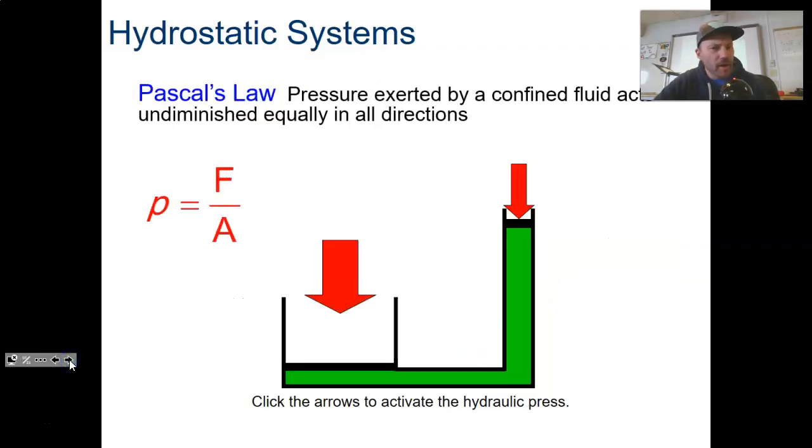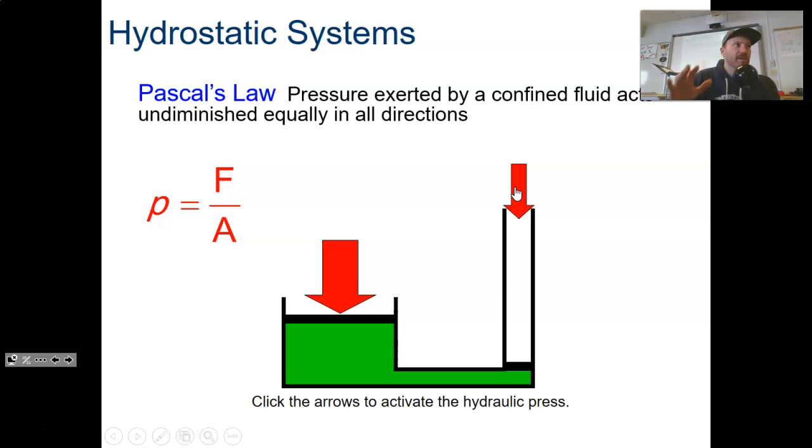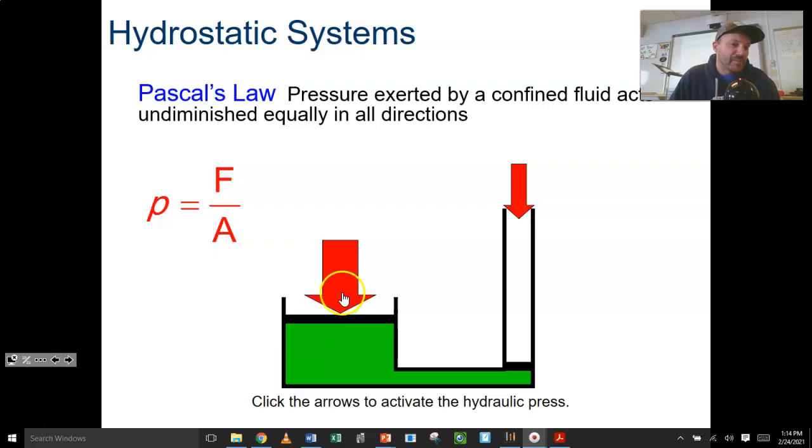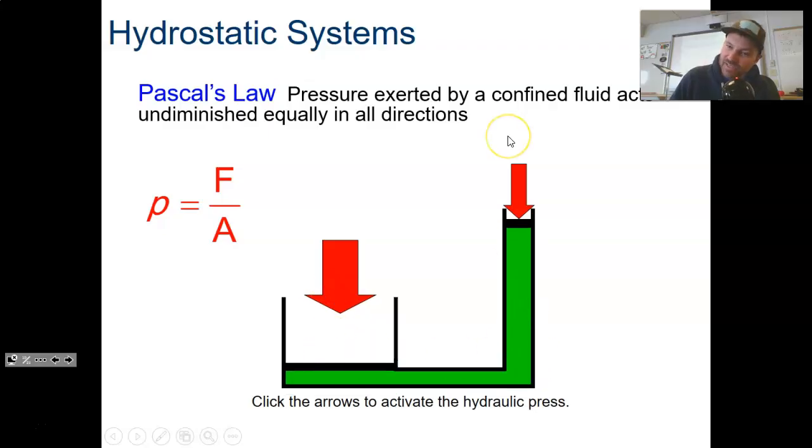Pascal. Pressure. Pressure is equal to force divided by area. So you can push down on the big one, push down on the small one. This is kind of like mechanical advantage in the fact that you have a large volume here, so this goes a very small distance, but then you get a big distance out.